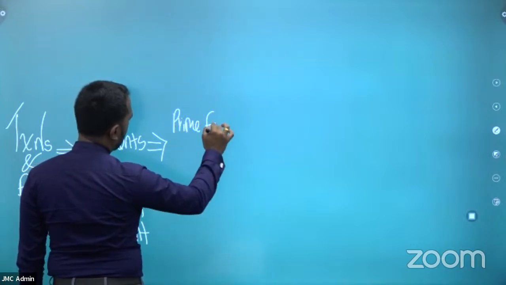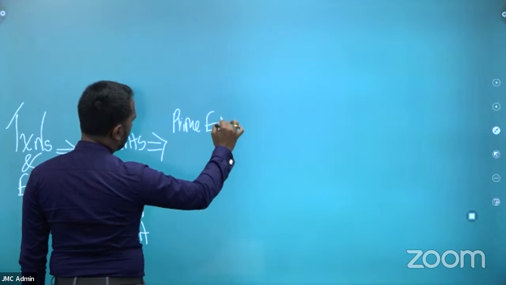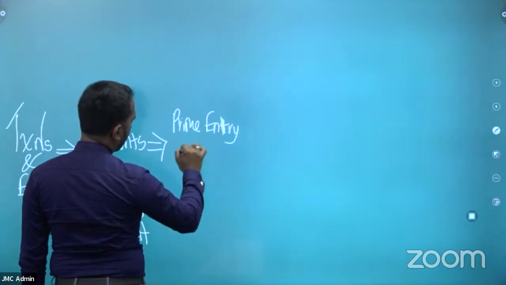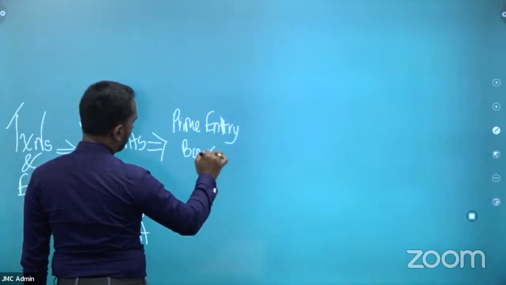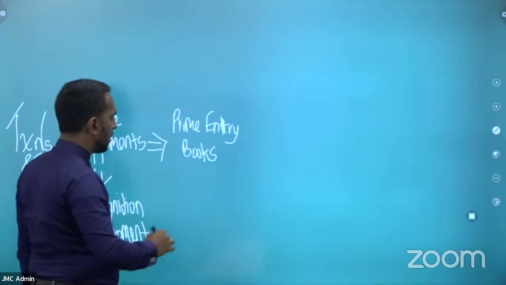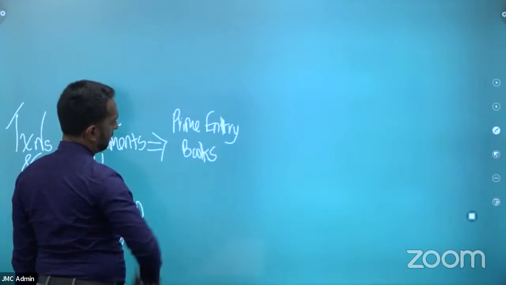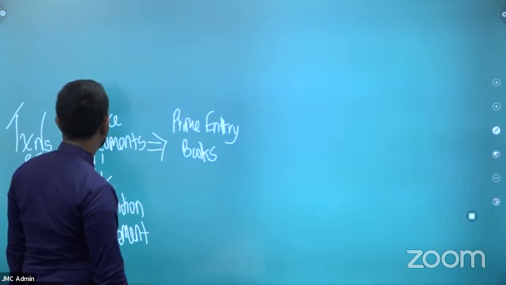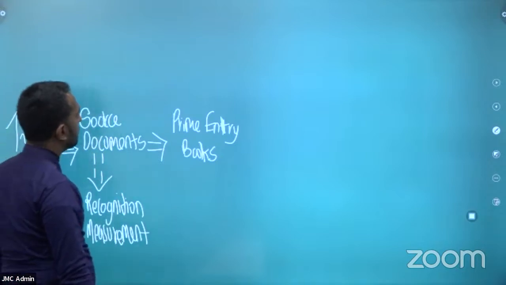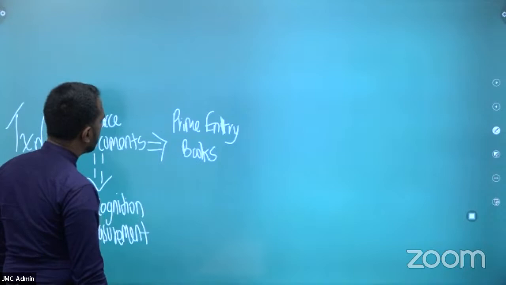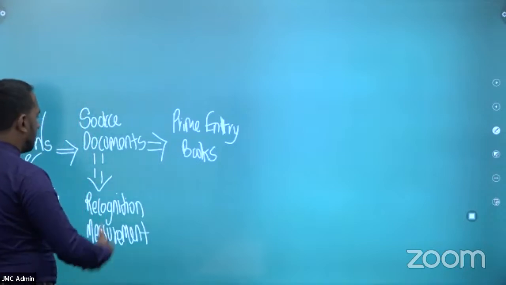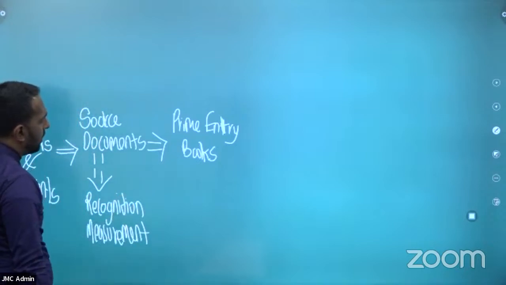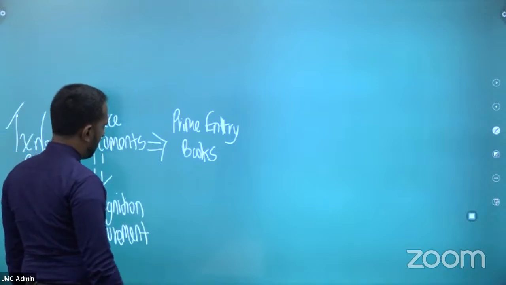We have 8 prime entry books, so 8 different types of transactions. We capture them through source documents and record them in the prime entry books.